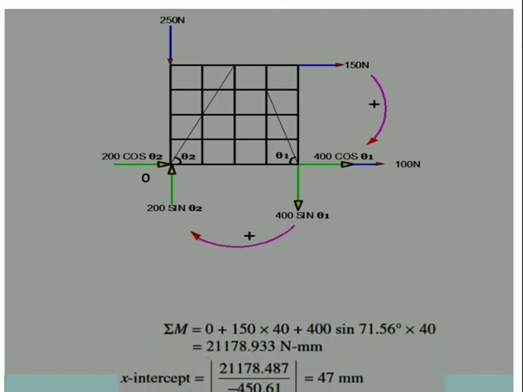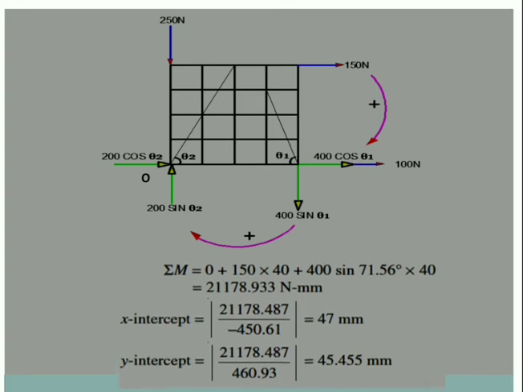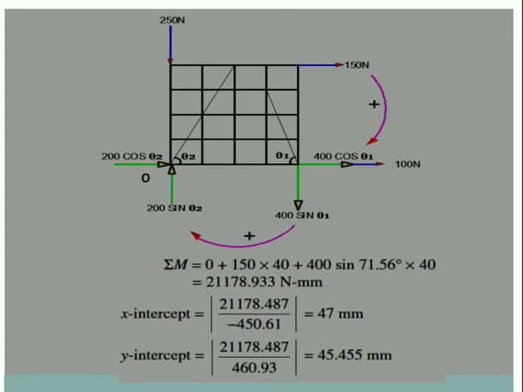So the moment equation: how many forces cause the moment? Only two forces cause the moment. We forget about these two forces because they are originating from point O itself. The 250 force is there, but there is no distance to be multiplied, so it also goes.